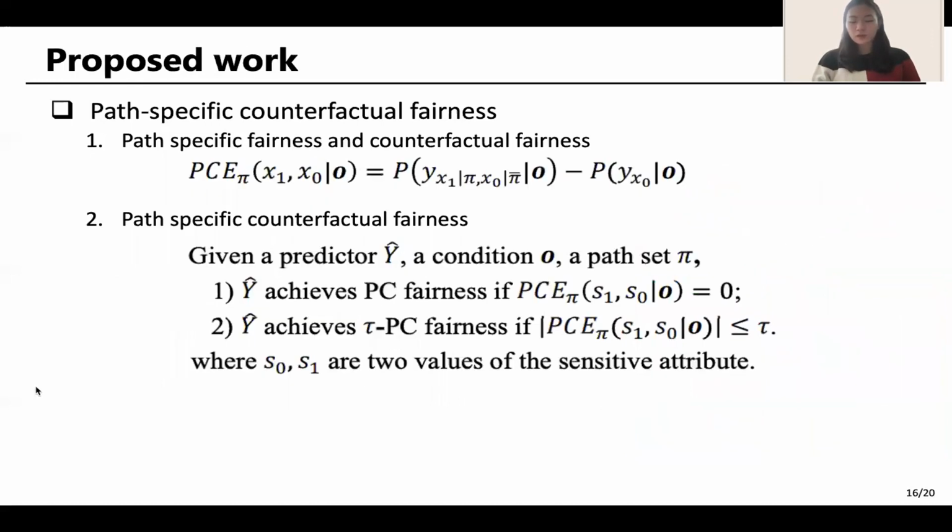The path-specific counterfactual effect of X on Y for a given condition O through a path set pi is given like this. Thanks to the flexibility and capability of the path-specific counterfactual effect, PC fairness generalizes the previous causality-based fairness notions.